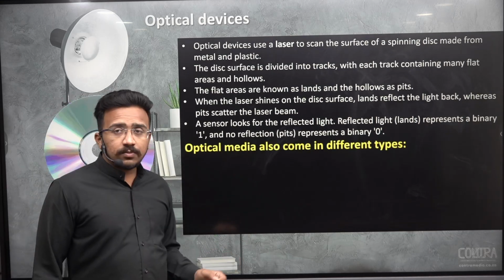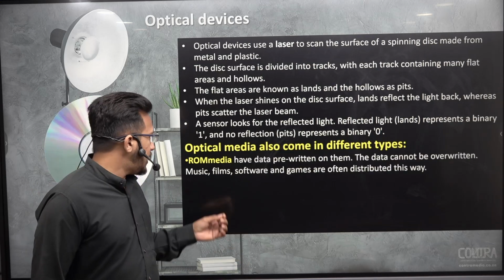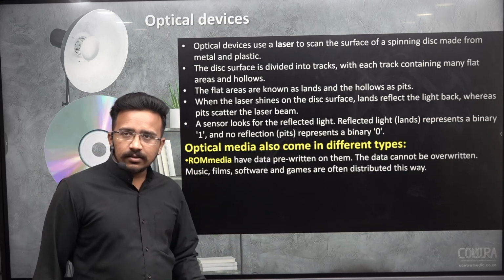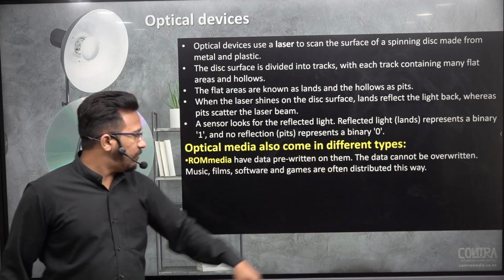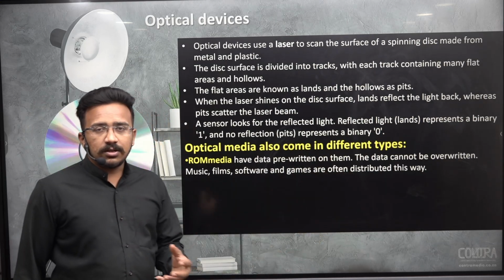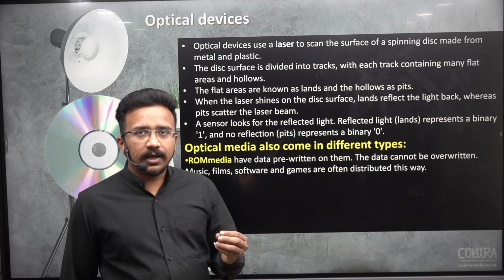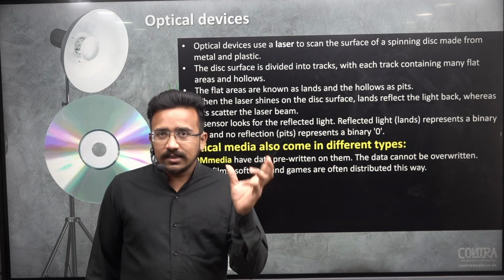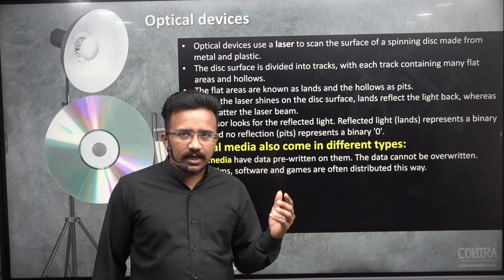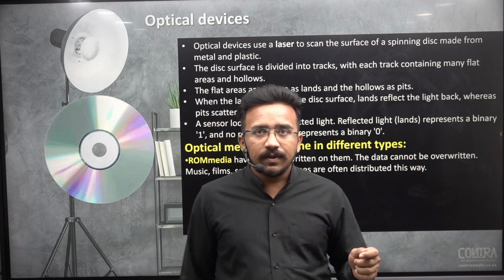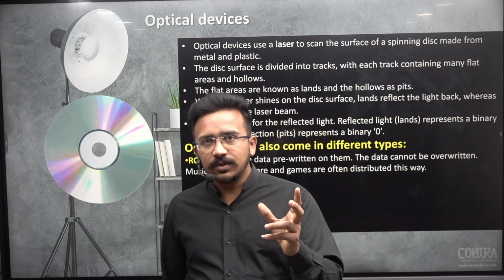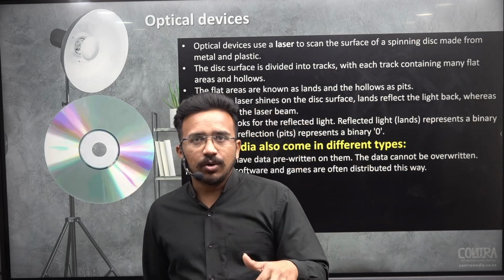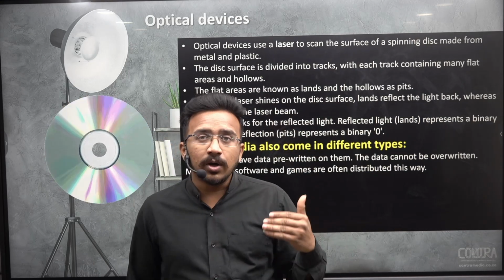Optical media also come in different types, such as ROM media, which have the data pre-written on them. The data cannot be overwritten. Generally, when you buy software, like an antivirus, in a CD or DVD from the shop, you put it inside your computer and can install it only once.